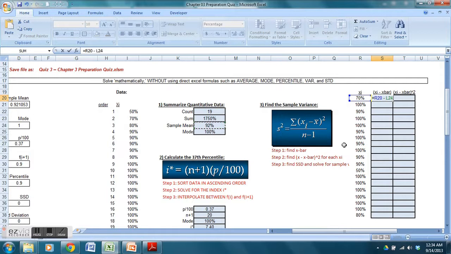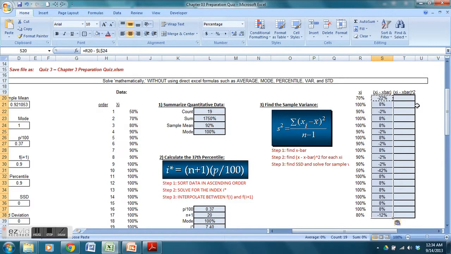I'm going to put some dollar signs around the x bar, that way I can just copy this formula down. Copy, select all that, and paste. So I'm getting a sum right now of 0, which is correct. If you're not getting a sum of 0, then double check right here.